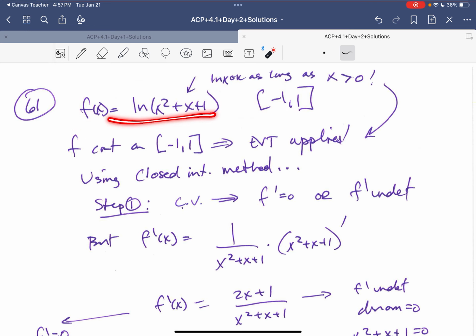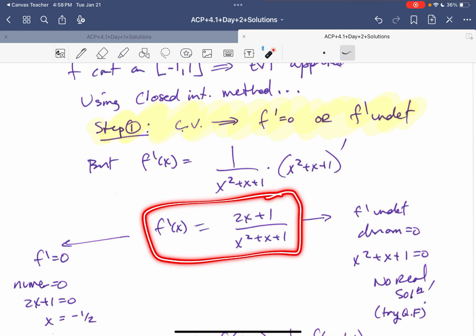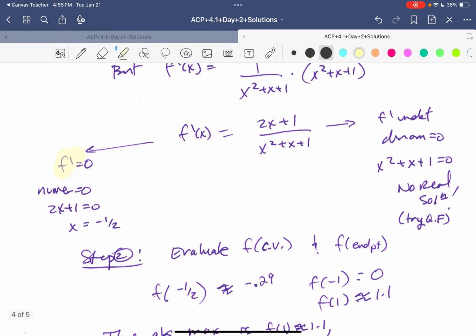So since this is continuous on a closed interval, extreme value theorem applies. Now using the closed interval method, we say where does the derivative equal 0 or undefined? And first I got to find the derivative. When I find the derivative, I get this. Well then, where's the derivative equal to 0?